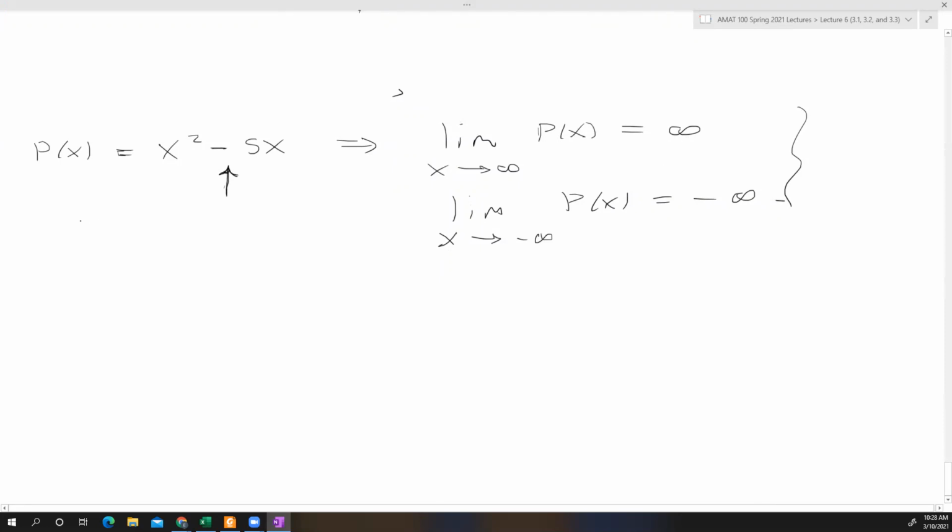Well, let's look at the x positive case, and the x negative case is going to be similar. Actually, let's start with the x negative case. That's really easy. So when x is a negative number, x squared will be positive, and then 5x, I'm sorry, I drew the wrong limits.